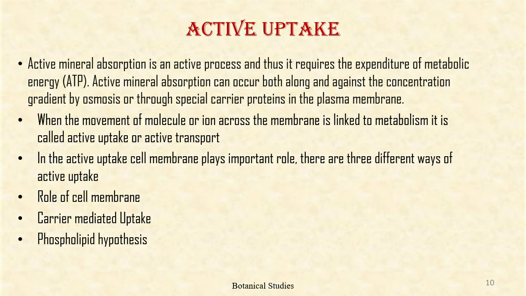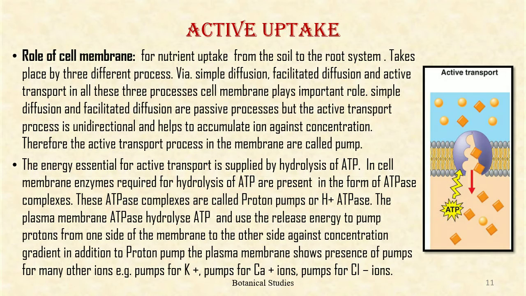When the movement of molecules or ions across the membrane is linked to metabolism, it is called active uptake or active transport. In active uptake, the cell membrane plays an important role. There are three different types of active uptake: role of cell membrane, carrier mediated uptake, and phospholipid hypothesis.